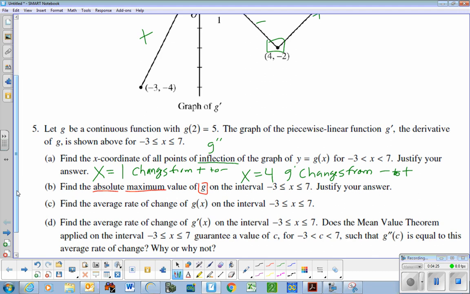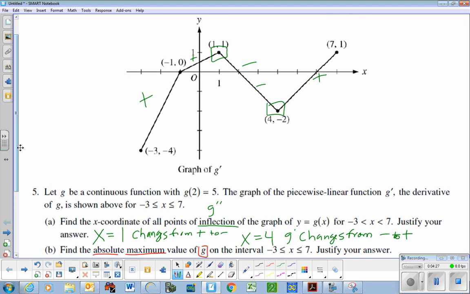So let's find where a maximum is of G prime. So a maximum, we know, is something that goes from increasing to decreasing. So as we do what I said before, where on the graph is it going from increasing to decreasing? So the only place is where something goes above the x-axis to below the x-axis, and the only place it does that is at 2.